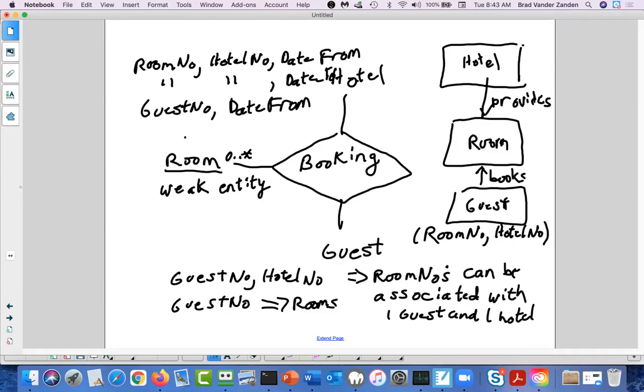So this right here shows you what's going on. It's kind of like, okay, here's one key, here's the other key and part of the key. And hence that is why you could think of it just as a binary relationship between guest and room, rather than having to drag hotel in as a third one.